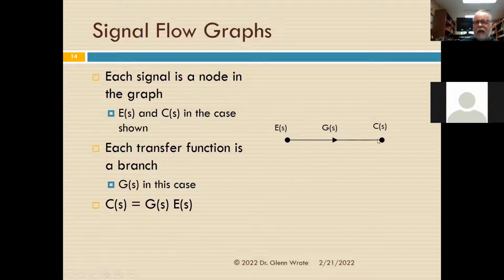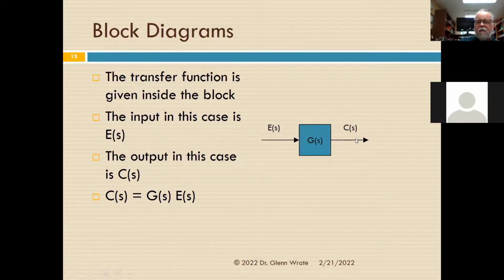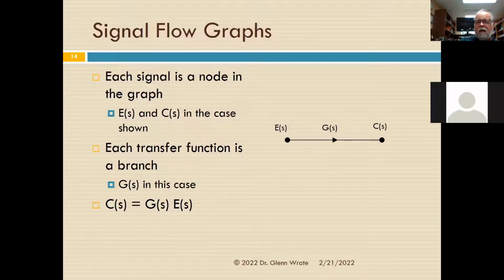And then E and C are just nodes. Because we're going to have to keep track of the nodes and whether or not they're touching or non-touching and stuff like that. So any questions on just going from block diagram to signal flow graph? No, seems simple enough. Okay, good.